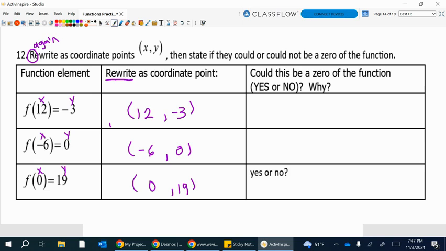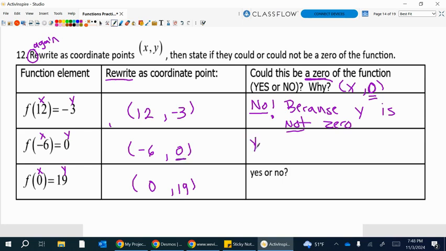Now, I remember from the last couple questions and from our lesson that a 0 is the same as the x-intercept, and for a 0, the y value will always be 0. So if I'm looking at 12, -3, it's not possible. That cannot be a 0 because y is not 0. All right, the next one is -6, 0.